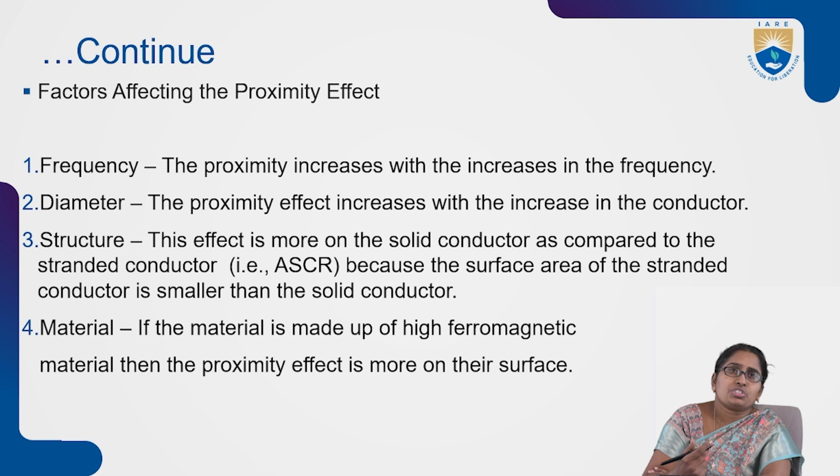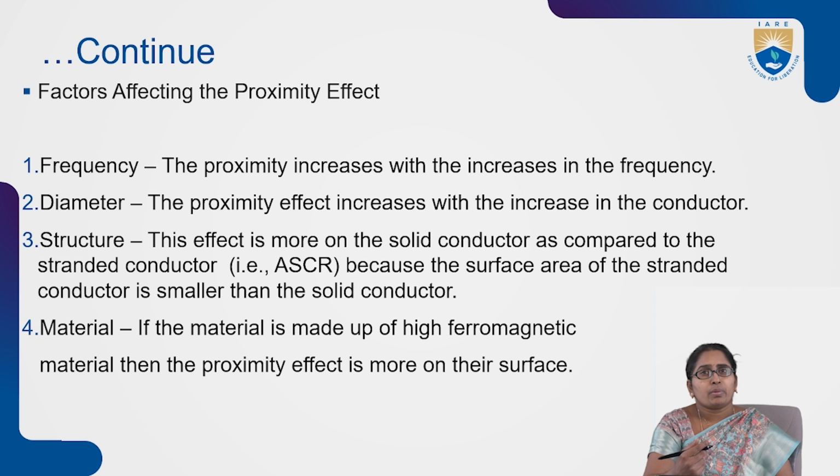Third, structure: this effect is more in a solid conductor than a stranded conductor, for example ACSR, because the surface area of the stranded conductor is smaller than the solid conductor. Fourth, the type of material: if the material is made of high ferromagnetic material, then the proximity effect is also more.